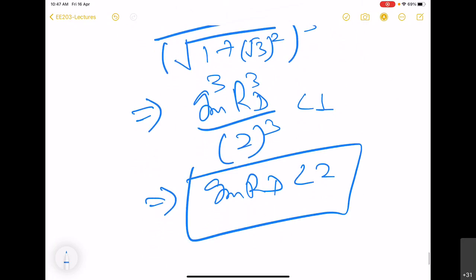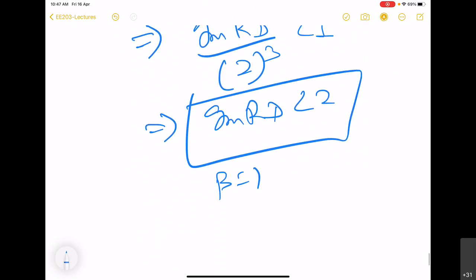So if the gain of one stage is less than 2, then in a negative feedback with beta equal to 1, the amplifier will be stable. So this was with beta equal to 1.